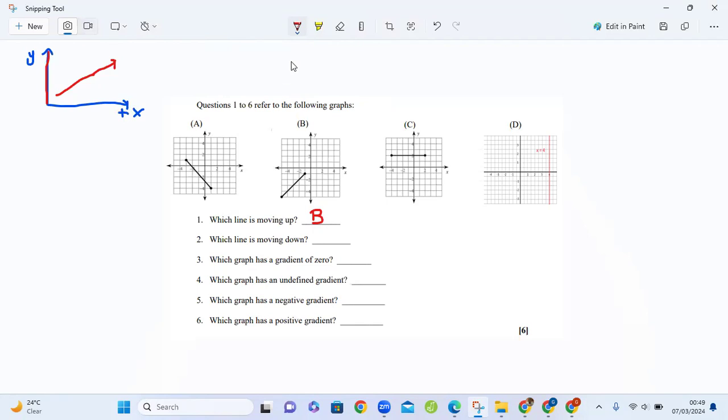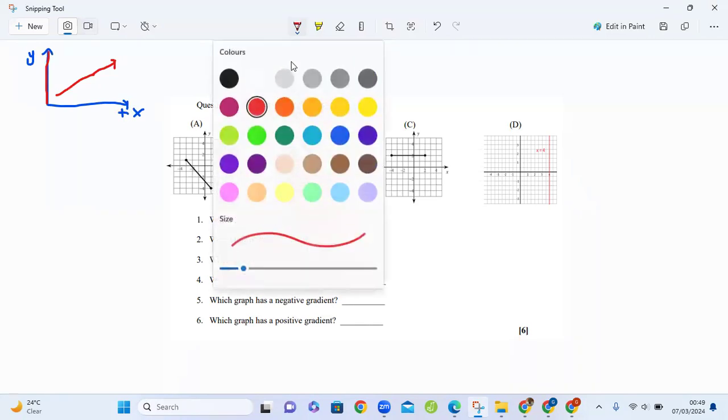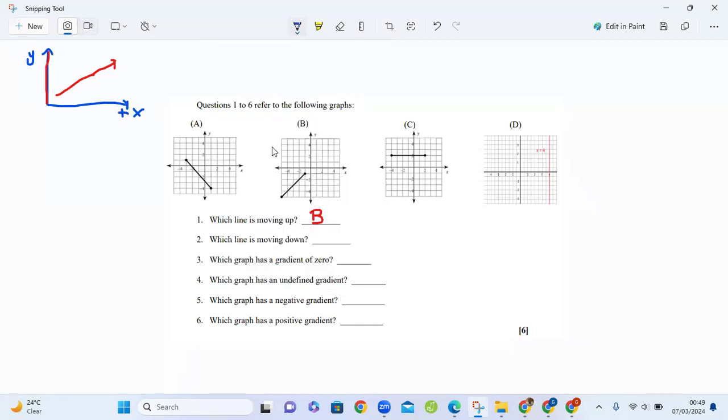Number 2 says which line is moving down. As we say, the y increases in the upwards direction and decreases in the downwards direction. The x always increases from left to right.